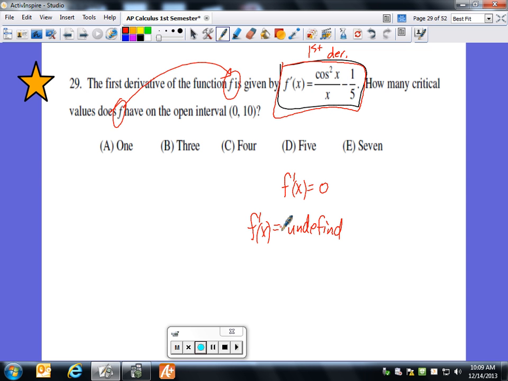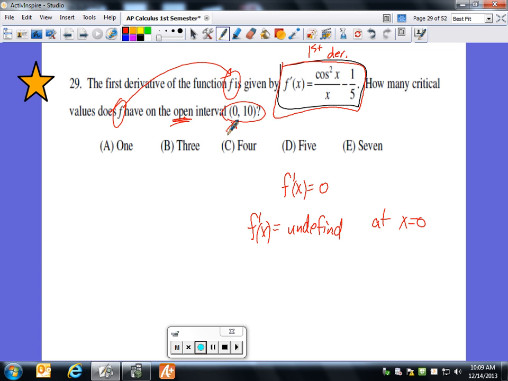Okay, we can see that this will be undefined at x is equal to 0. However, it says the first derivative of the function is given by the following, on this open interval from 0 all the way to 10. How many values does f have on the open interval? So we are not going to include 0.